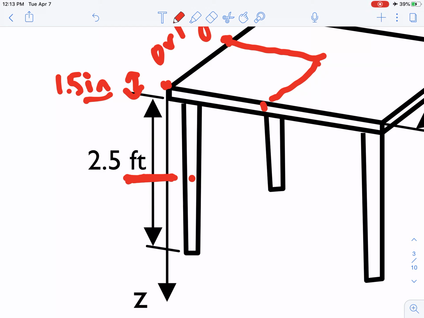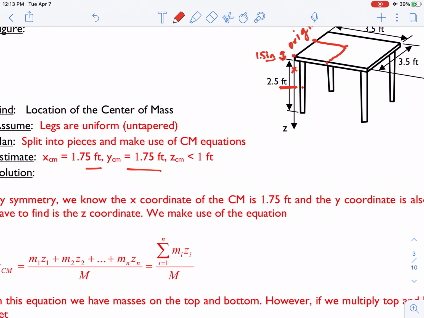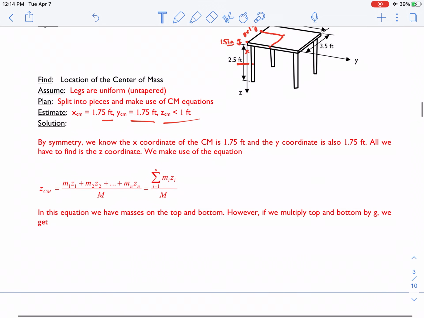And you're going to see that it's going to be in between, right? And it's going to be closer to the tabletop. So maybe it's somewhere here along the z direction that is going to be our center of mass for z. So it's definitely going to be less than 1 feet. Okay, so that's why we are making this estimation here. We're saying that z center of mass is going to be less than 1 feet. I hope that part is clear, but we will also solve it and we'll get that.